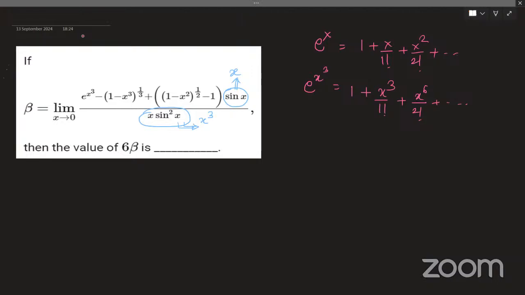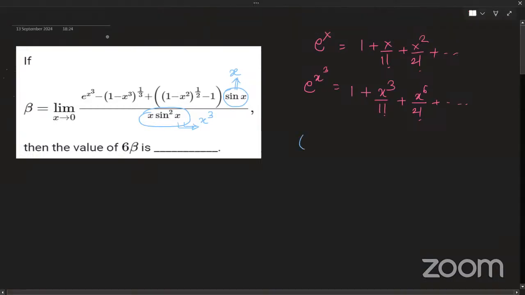Now we'll be looking at the other expansions also. Does any one of you remember the expansion of 1 minus x raised to n? No one remembers. Okay, at least you should remember that of 1 plus x raised to n.